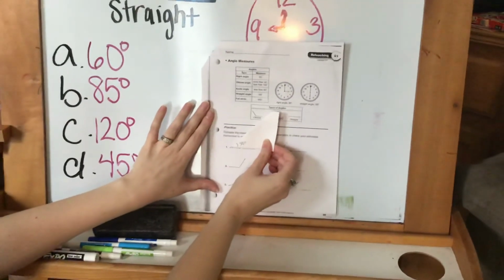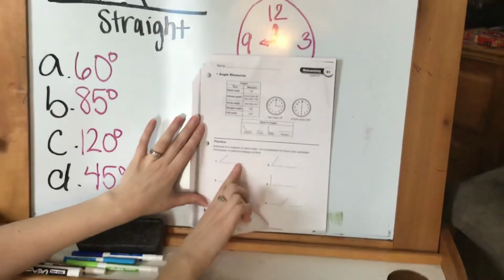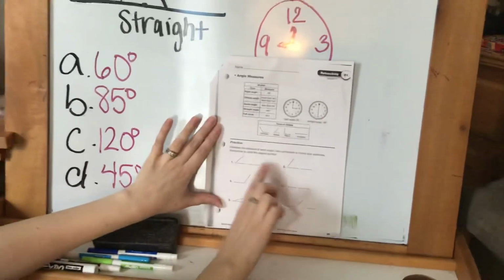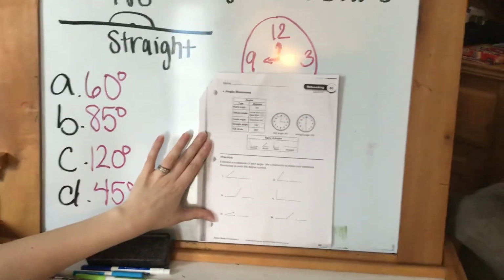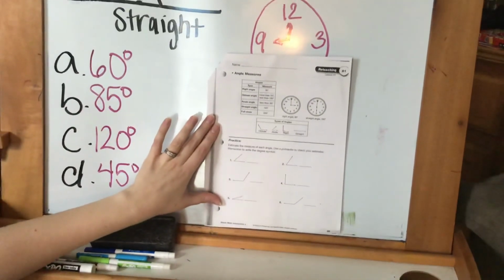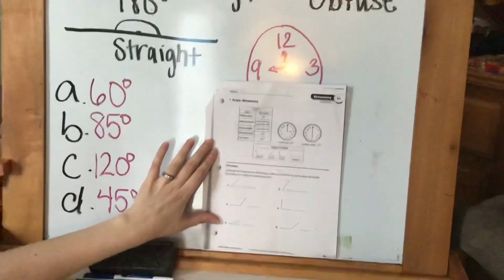It looks about the same size as 45 degrees, so on the line, I would write 45 degrees. Angle 2 is a little bit bigger, so think to yourself, how much bigger is number 2 than number 1? And write your estimate on the line. Okay, otherwise, good luck.